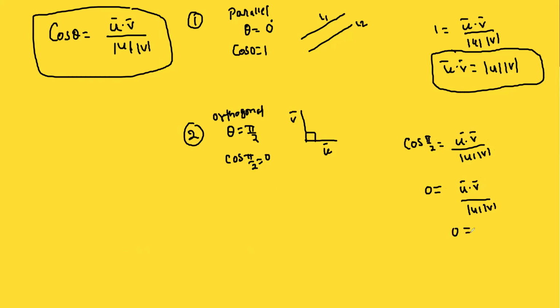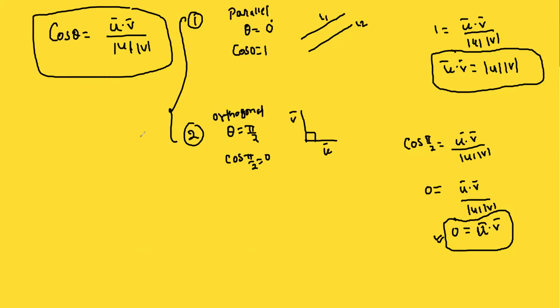The denominator becomes zero on multiplying u dot v. So whenever the dot product of any two vectors is zero, it means their angle is 90 degrees. This is very important.